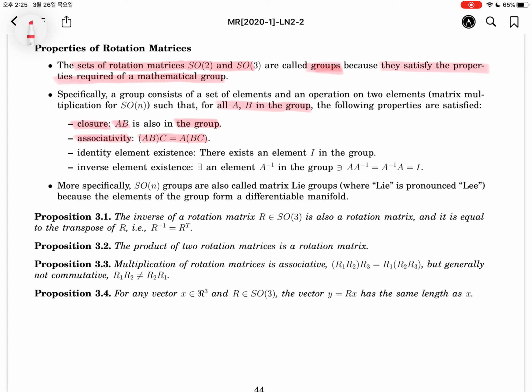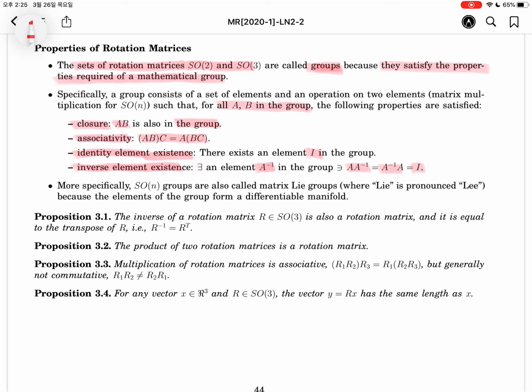The third condition is that an identity element should exist in the group. In our case, in the rotation matrix group, the identity matrix exists. And the inverse element should exist. There exists an element A inverse in the group, such that A inverse A is the identity.